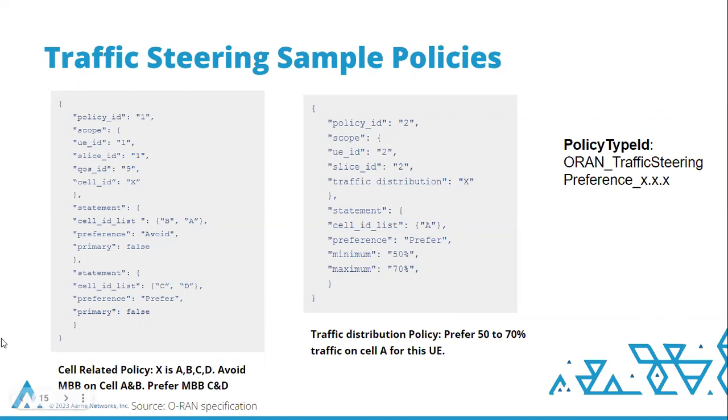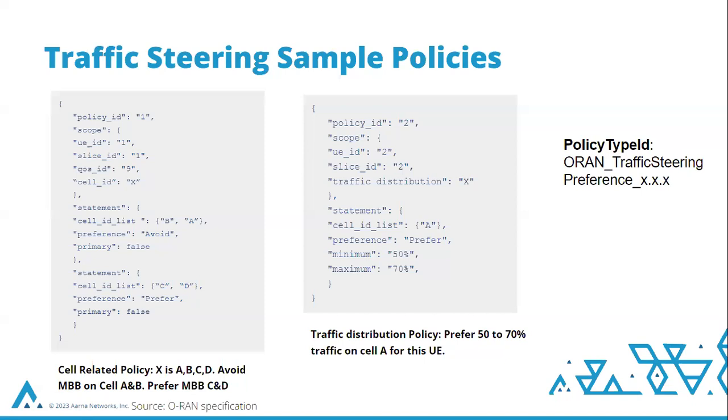And moving on to the right one, this is the traffic distribution policy, where for a given UE ID, cell A has to serve 50 to 70%.